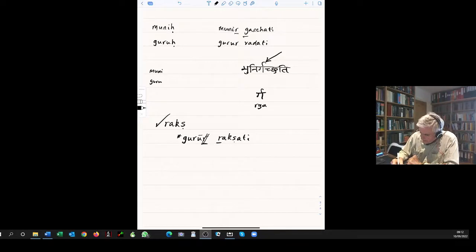And similarly, the sage protects would be muni rakshati. Because you can't have munir rakshati, you'd have a double r then, so it becomes muni rakshati.